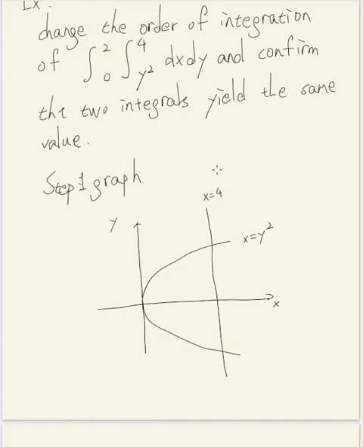Okay, and going to the y variable, the lower bound is 0, and the upper bound is y equals 2. So we have to locate this y equals 2. Now we notice that this intersection is given by x equals y squared and x equals 4. Therefore, 4 equals y squared and y equals plus minus 2. So this one is (4, 2) and this one is (4, minus 2). Right? So the two intersections are given by this.